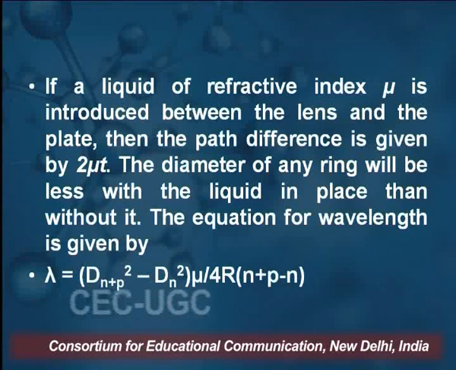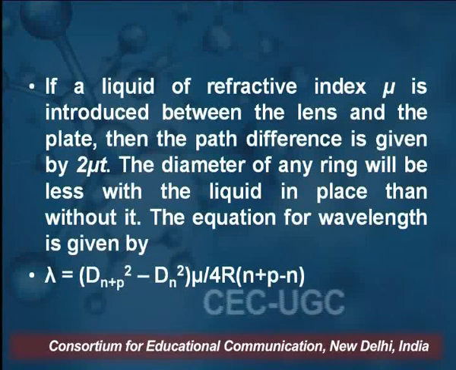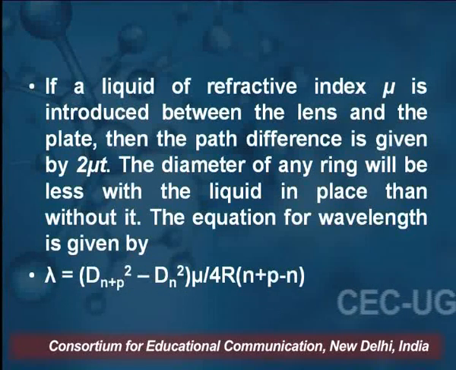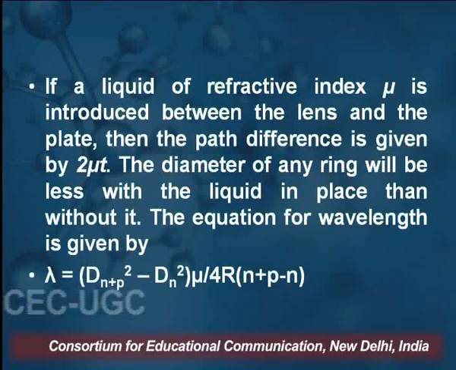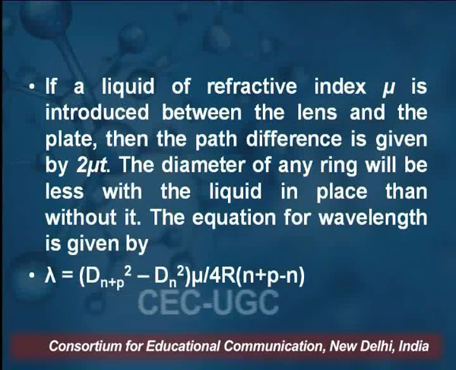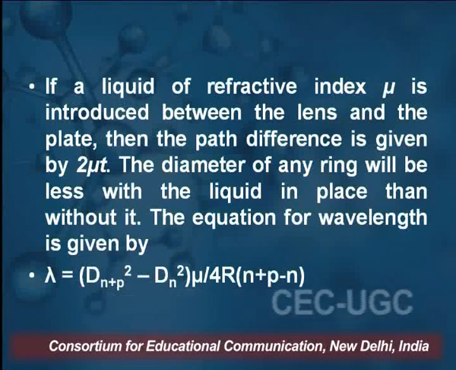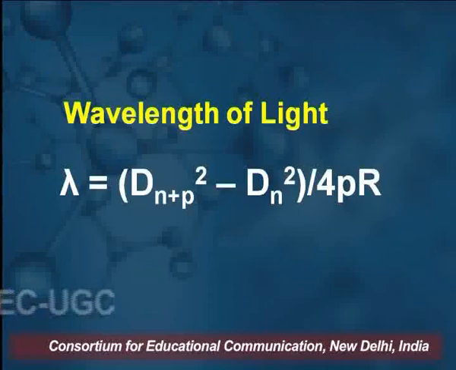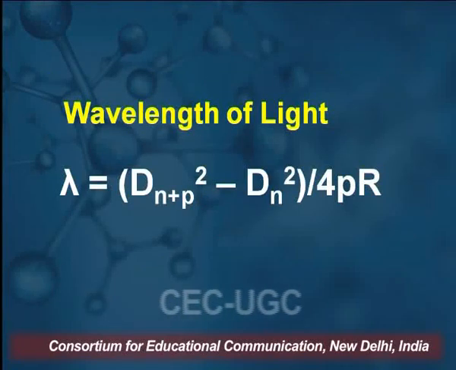It means the mu value will change depending upon the medium which we are using. If we are using an air film in between the plano-convex lens and the glass plate, the value of mu is equal to 1. So this is the formula to get the wavelength of the light.